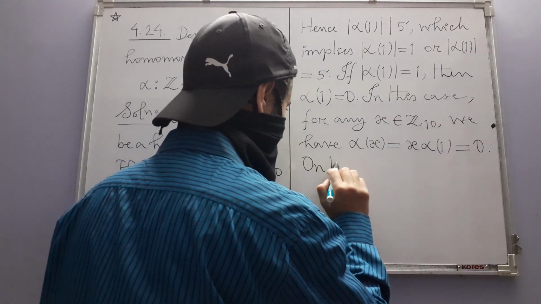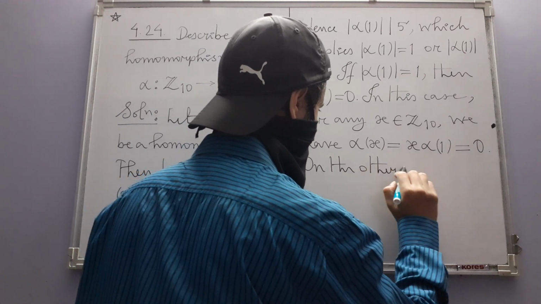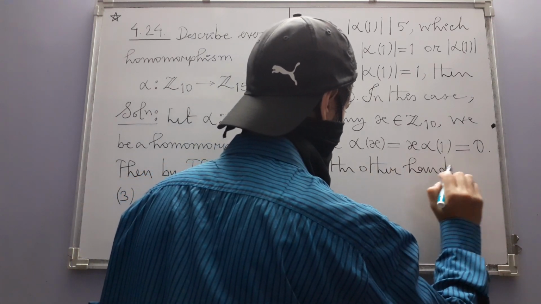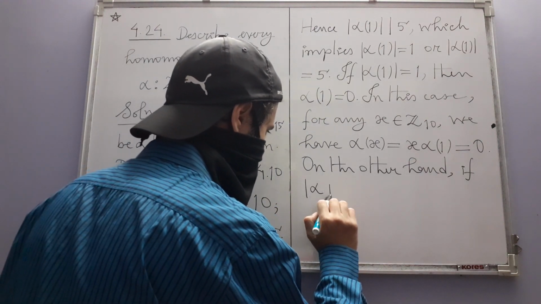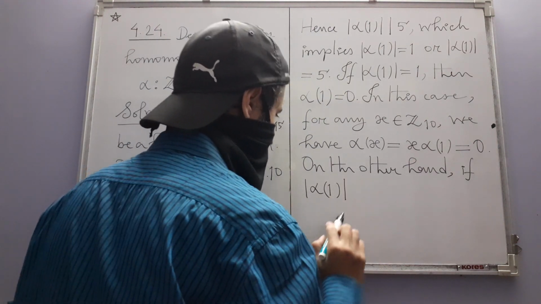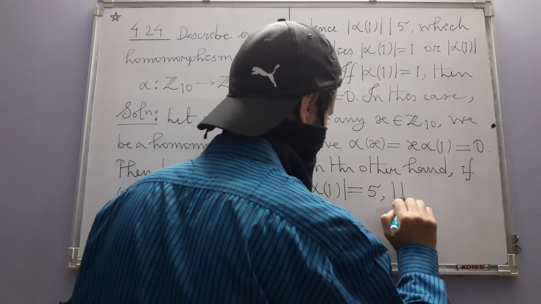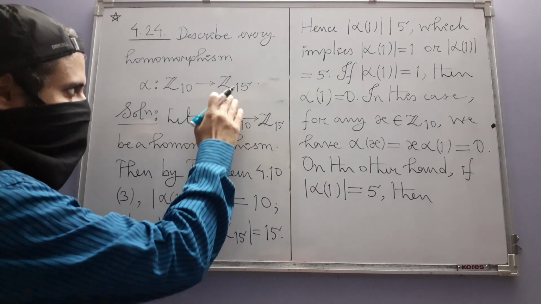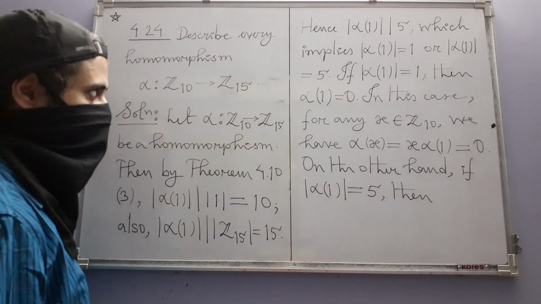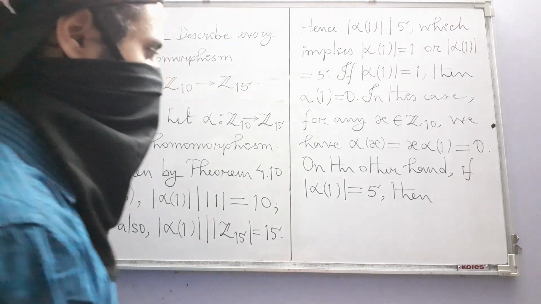On the other hand, if the order of alpha of 1 in the second group is 5, then of course you will have to look for those elements in Z15 which are of order 5, and they are these.